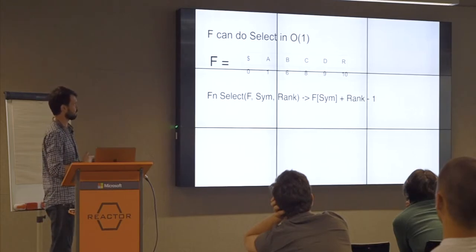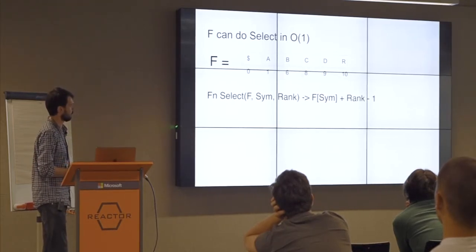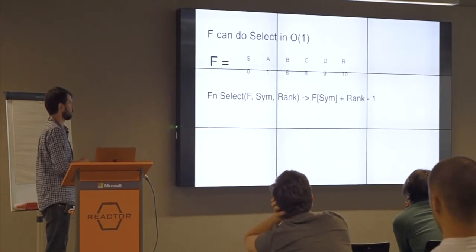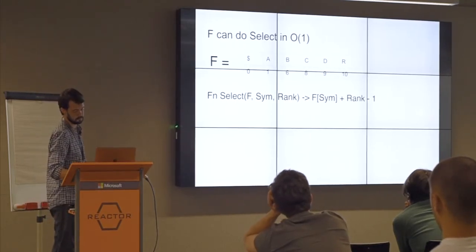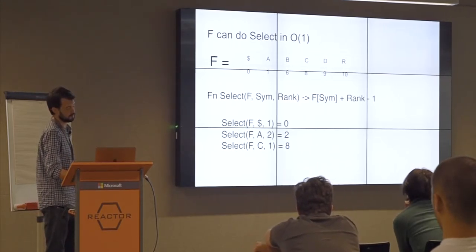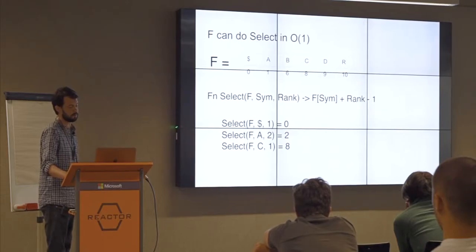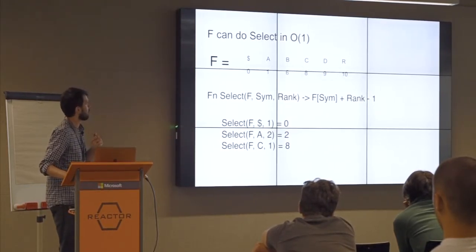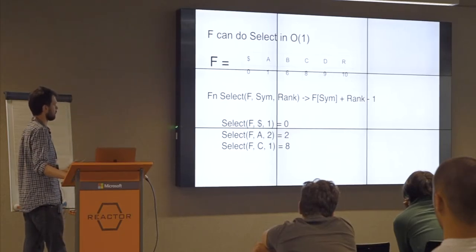So with F, things are pretty trivial. We can easily implement a function for selecting a symbol with a particular rank. If we want to select $ with rank 1, we just look up the starting position of $, which is 0, add the rank to it, subtract 1, and we get 0.